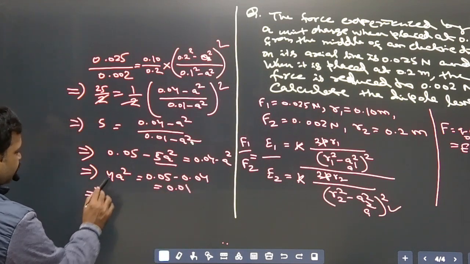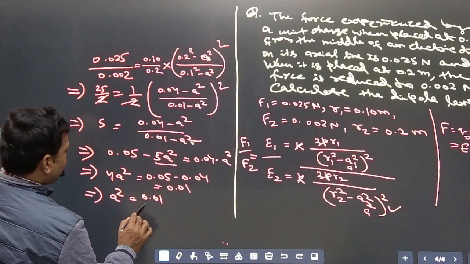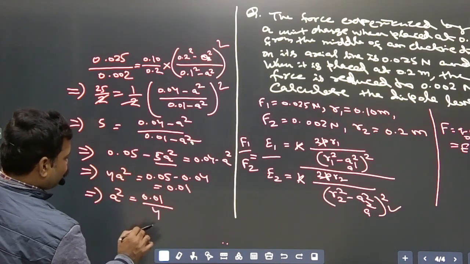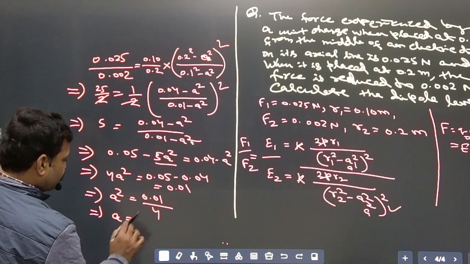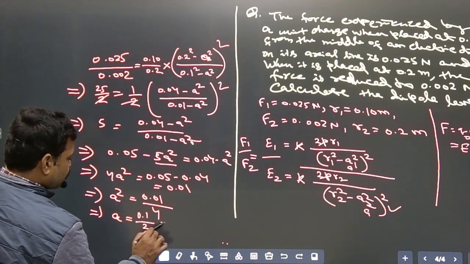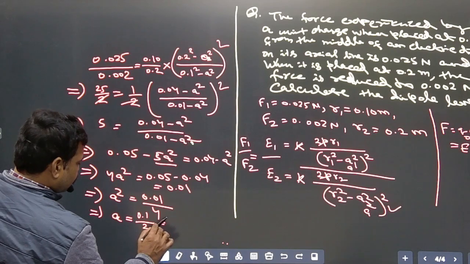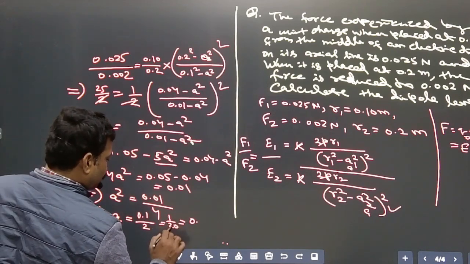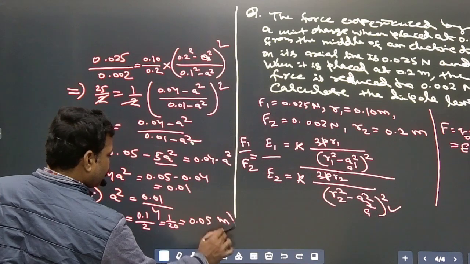Here we can take again A square will be equal to 0.01 divided by 4. Again, what will be A? A will be equal to the square root of this. So square root of this will be 0.1 upon 2, which is 1 upon 20. So this can be 0.05. So this is your value of A.